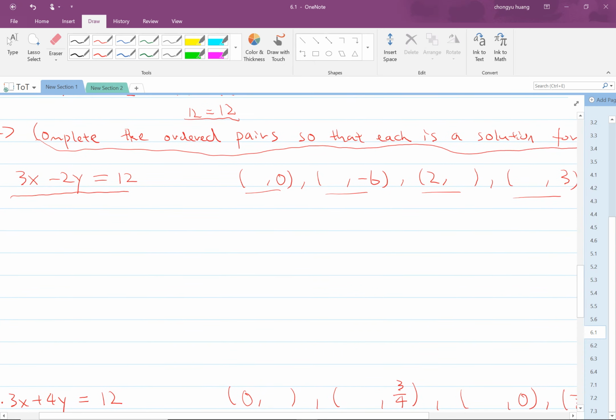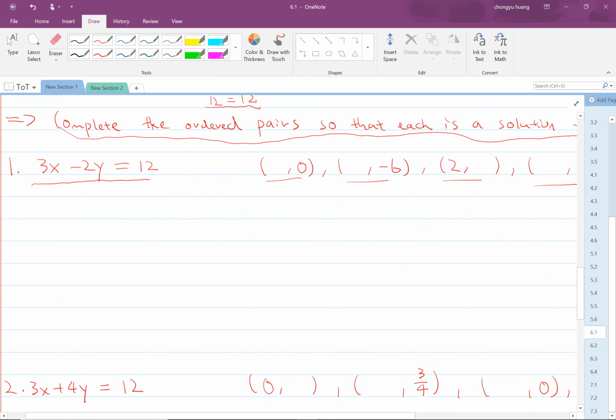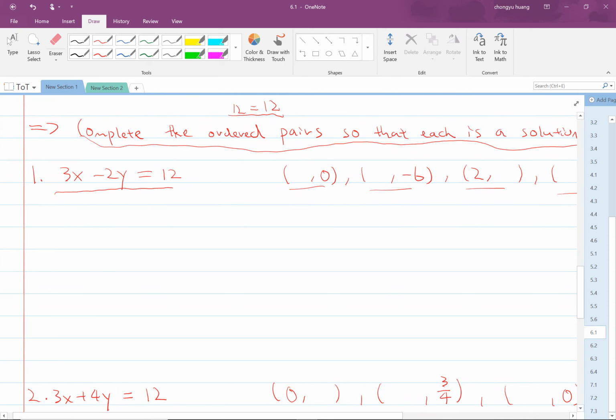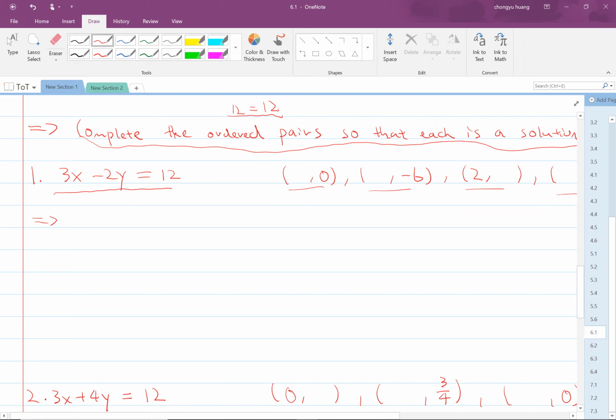So basically the technique over here is that you plug in the variable that you know. Okay, so let's first focus on this one.